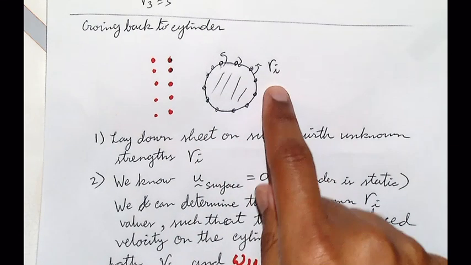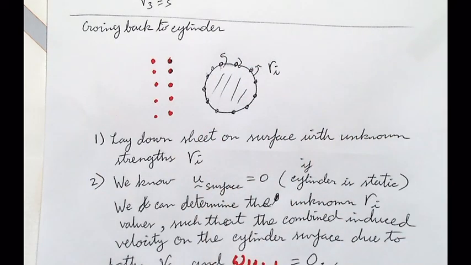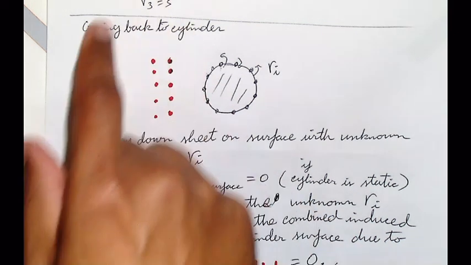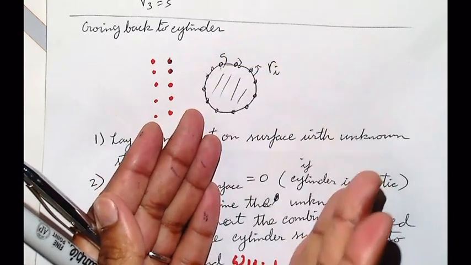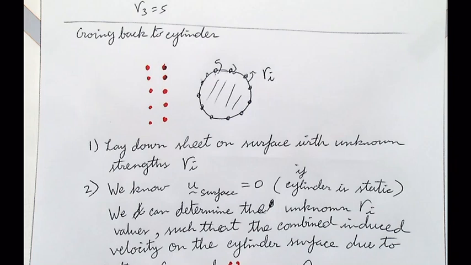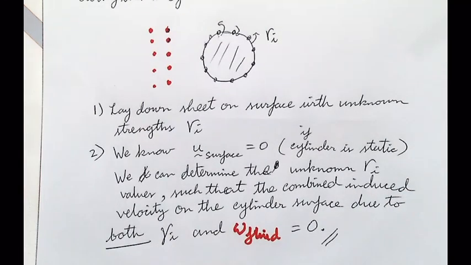And the way you find it is by putting down this sheet of point vortices that, combined with the fluid vortex points, ensure that no flow moves into the cylinder or there's no slip on the surface of the cylinder. Make sense? People have researched this. It was a very active topic of research in the 1990s, and they came up with several ways of doing these things. But the basic concept is this.